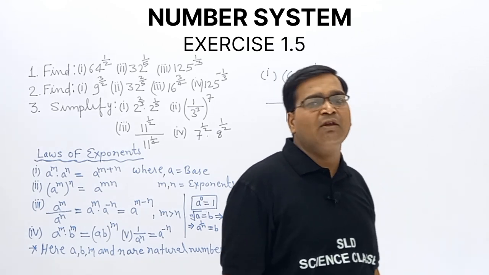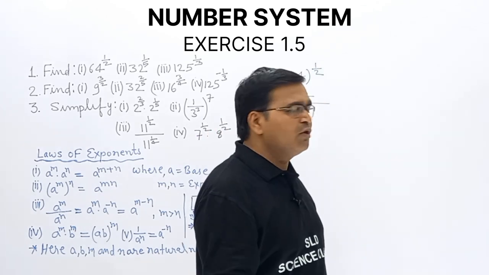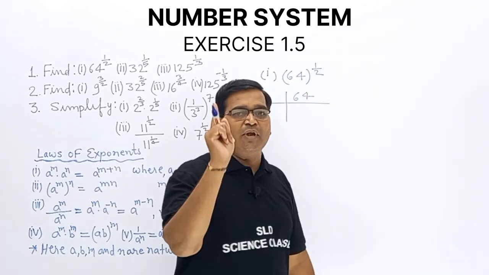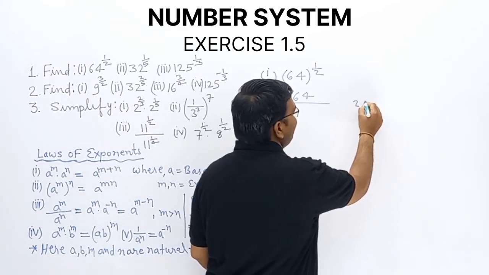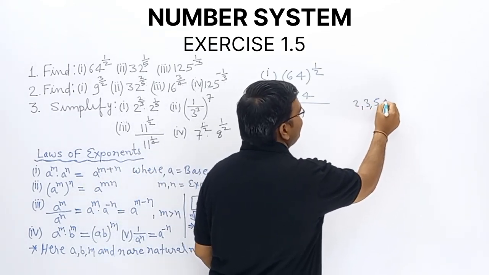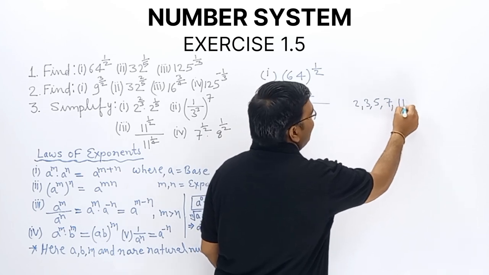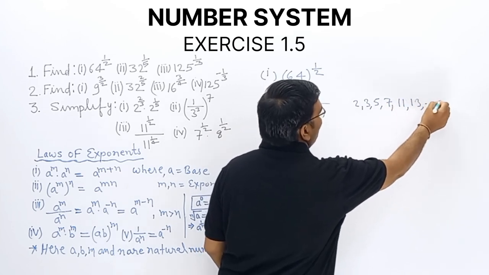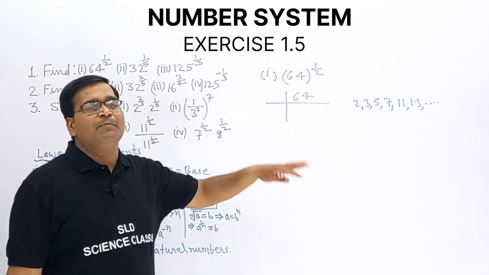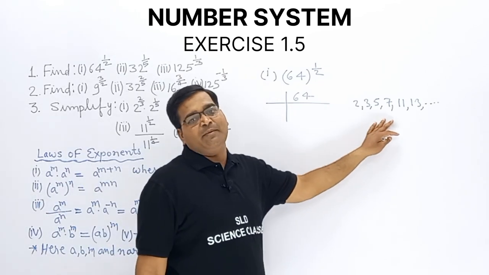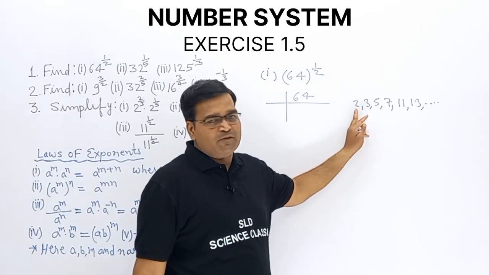And the smallest prime number is 2, then 3, then 5, then 7, then 11, then 13 and so on. For doing prime factorization we will use prime numbers, and first we use the smallest prime number.